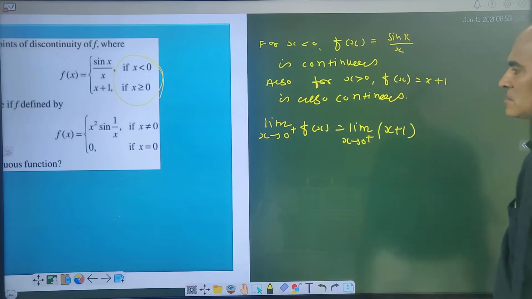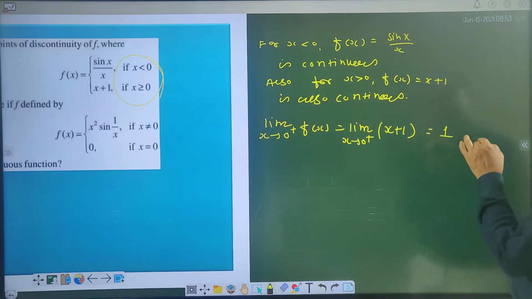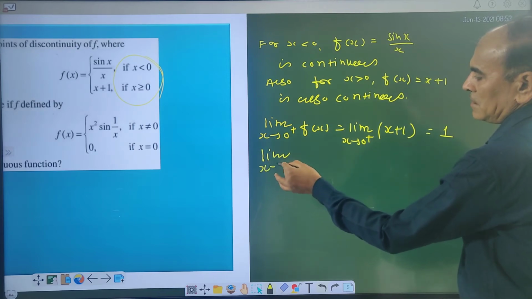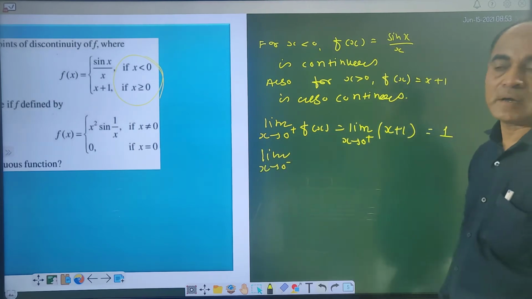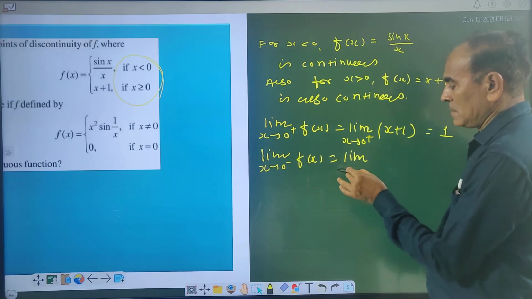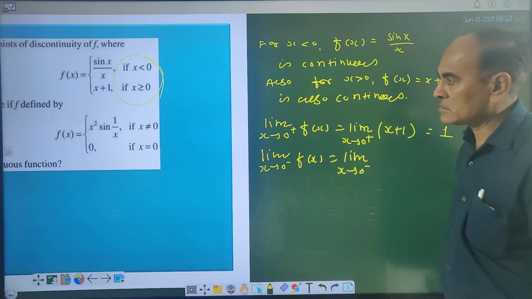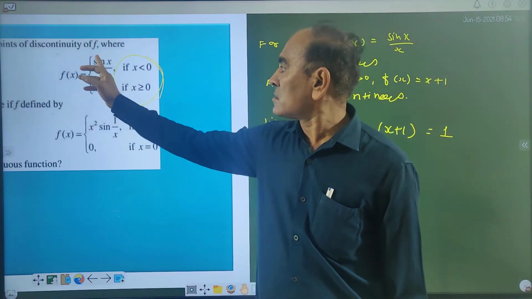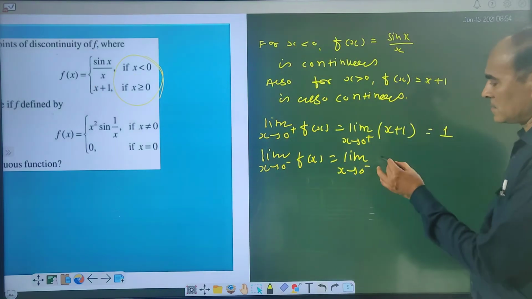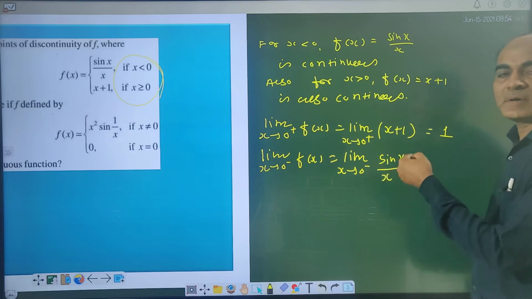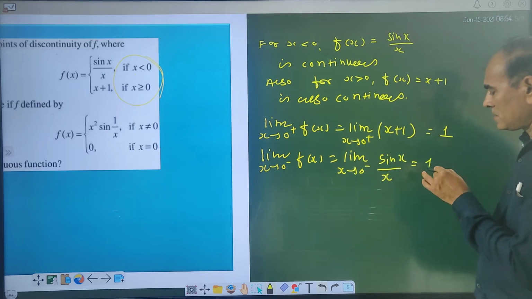Whenever x is greater than 0, f(x) is x plus 1, so that comes out 1. And next, the left hand limit: limit x tends to 0 minus of f(x). See here, x less than 0, then f(x) is sin x by x, and we know that this limit is 1. So the right hand limit as well as the left hand limit are both 1.